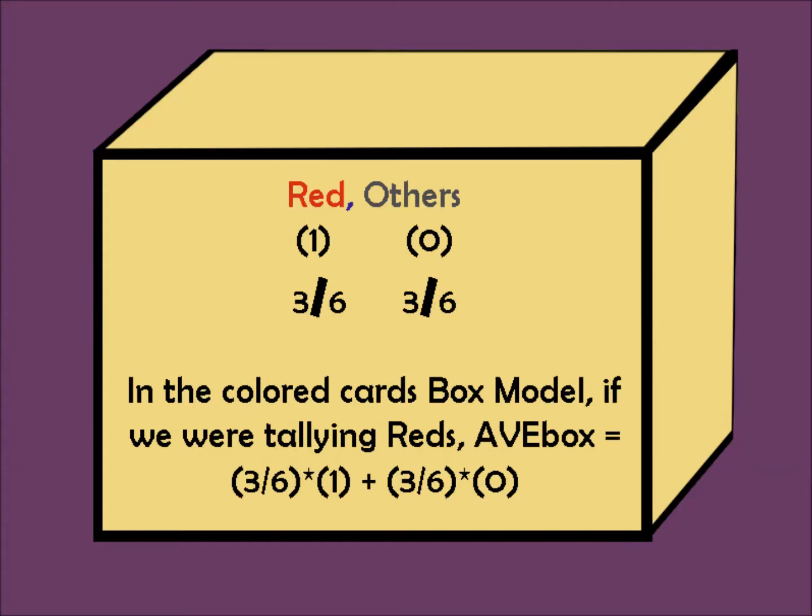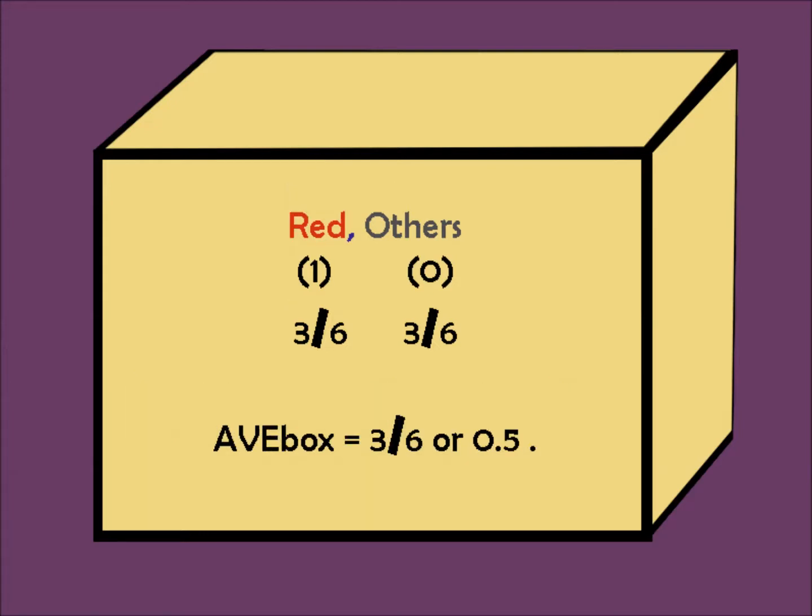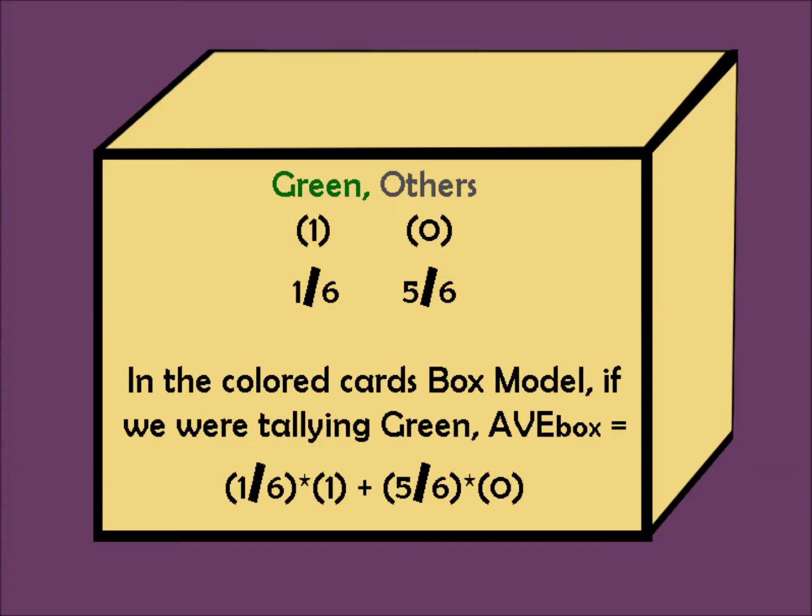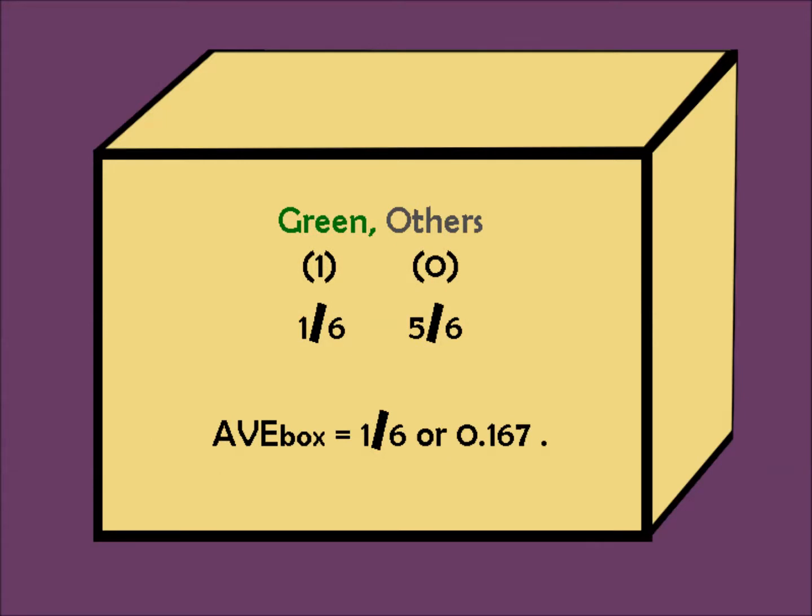If we were tallying reds, that would be 3/6 likelihood times 1 tally for the red, plus 3/6 likelihood times 0 tally for all the others. And that average would be 3/6 or 0.5. In the colored cards box model, if we were tallying green, the average would end up being 1/6 times 1 plus 5/6 times 0, and that average would be 1/6 or 0.167.